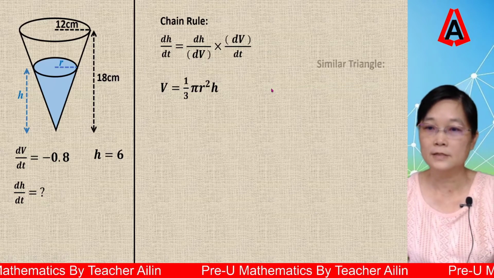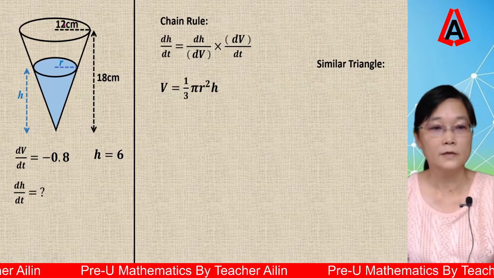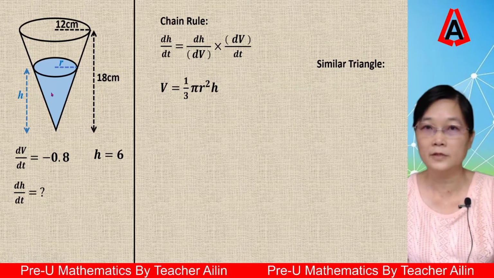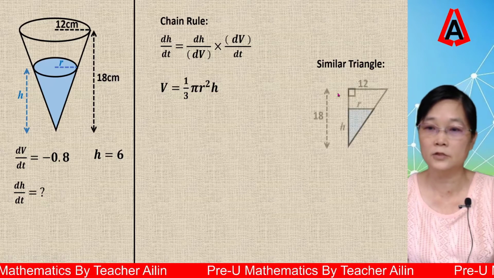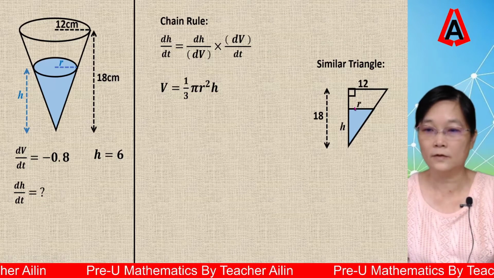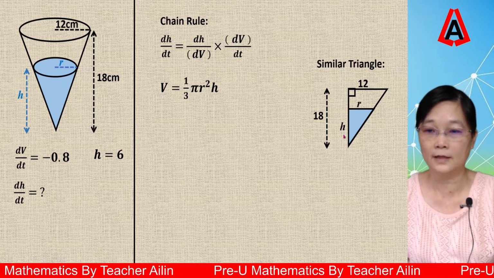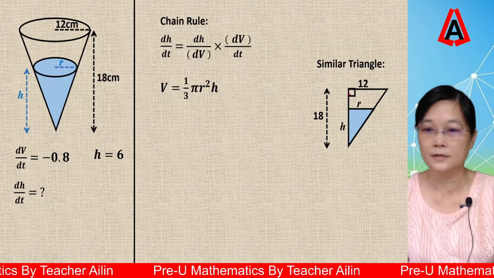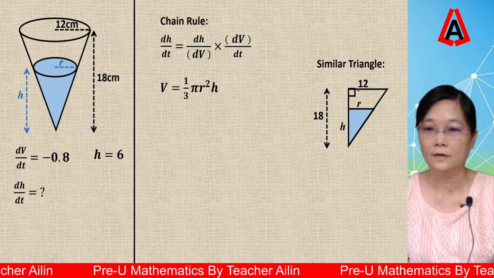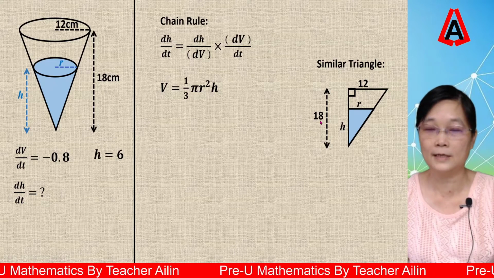To do this, I'm using the concept of similar triangles. First, I convert the 3-dimensional diagram into a 2-dimensional diagram. This is the water with radius R and height of the water level. This triangle is the cone, with radius of the cone 12 and height of the cone 18.